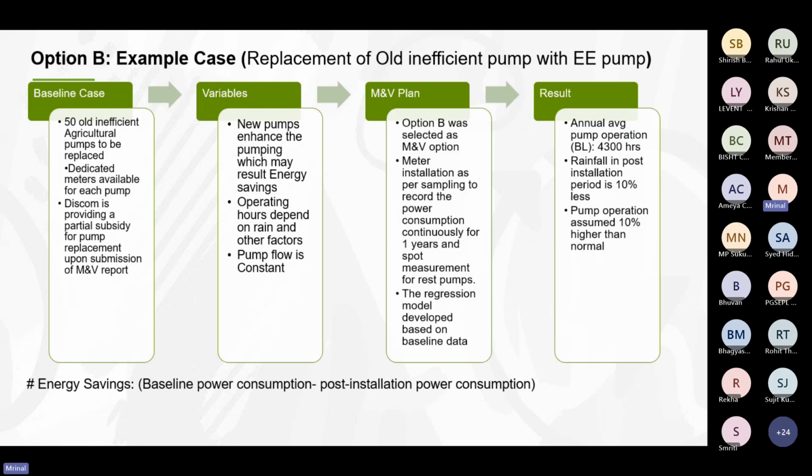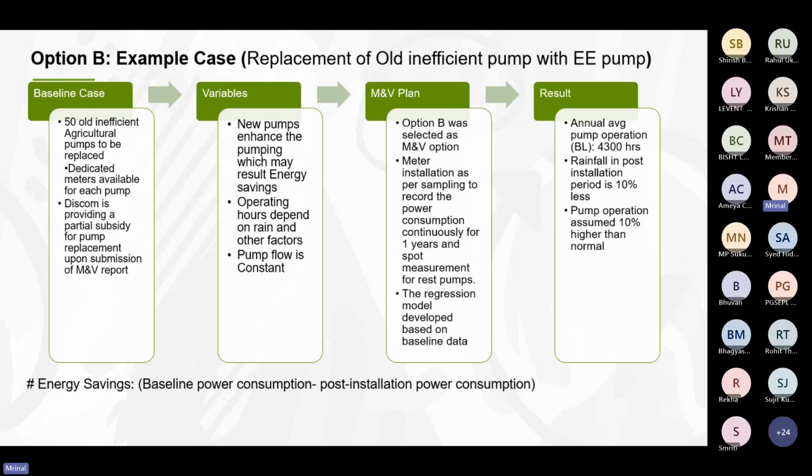So talking about the example of option B, how this option B can be implemented. We take the example of replacement of old inefficient pumps with energy efficient pumps in any building or any municipality. So here, in the baseline year, we have 50 old inefficient agriculture pumps to be replaced with new energy efficient pumps.